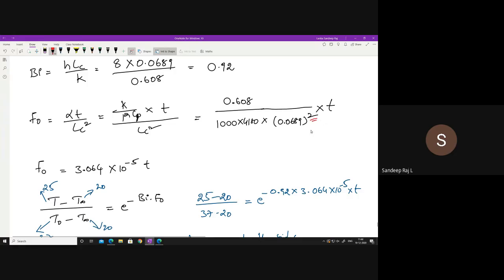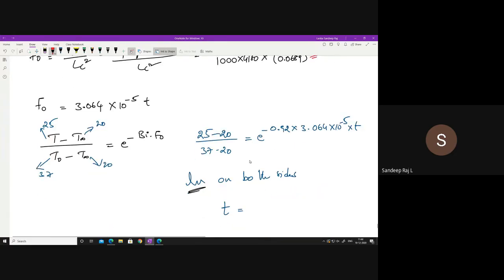Check it. Fourier is right, sir. Or sometimes people miss the minus. This minus is very important. Many times people miss it while calculating. Minus. Fourier 3.064 into 10 power minus 5. That's right, sir. That is fine.